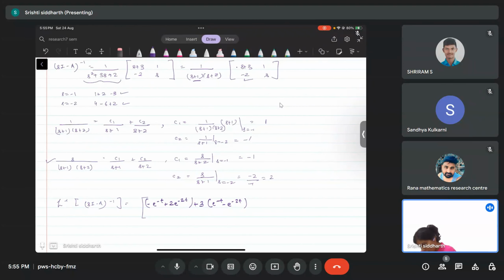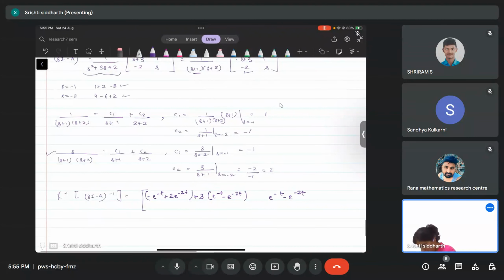Then for the second element, we simply have e to the power minus t minus e to the power minus 2t. For this, we have minus 2 e to the power minus t plus 2 e to the power minus 2t, and the last one is simply from here.